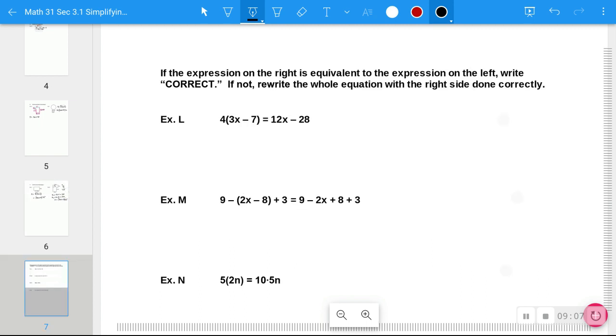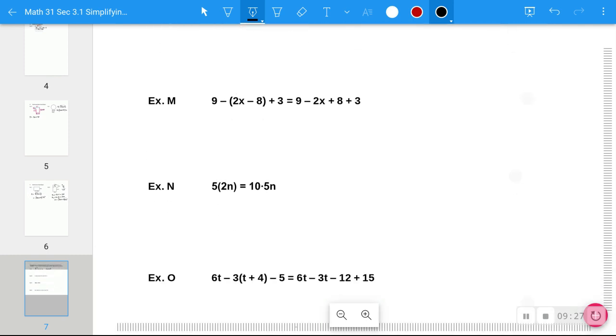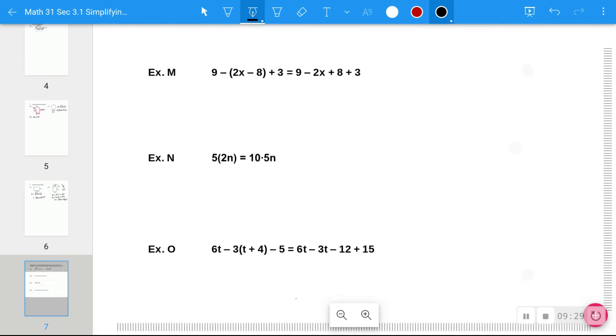Okay, on L through O, there's one off screen here, we're supposed to decide whether this is done correctly. If not, then we have to fix it. So distributing here gives 12x minus 28. That one's correct. Okay, I've got these already written out here. I think this next one here is done correctly, but let's think it through.